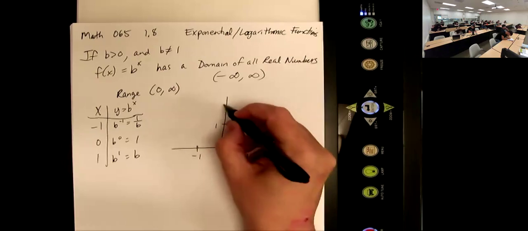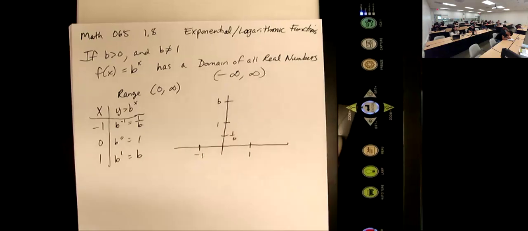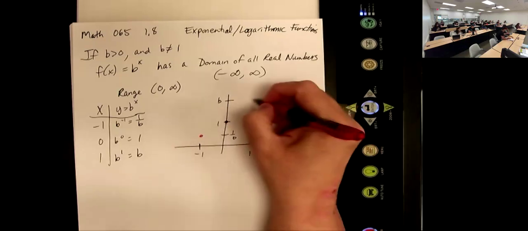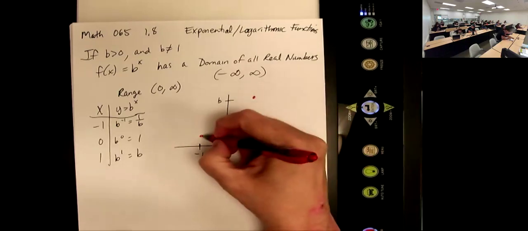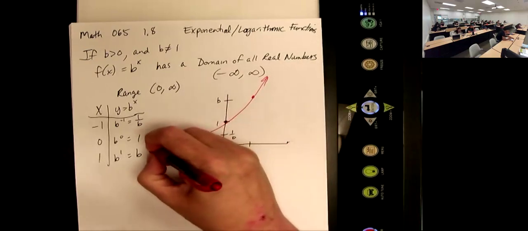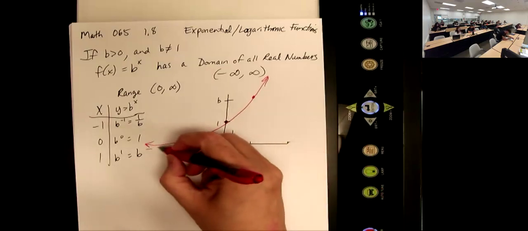So that's 1, that's b, that's 1 over b. And we plot those points. It looks something like that. And to the left, it goes along the x-axis. The x-axis ends up being an asymptote.